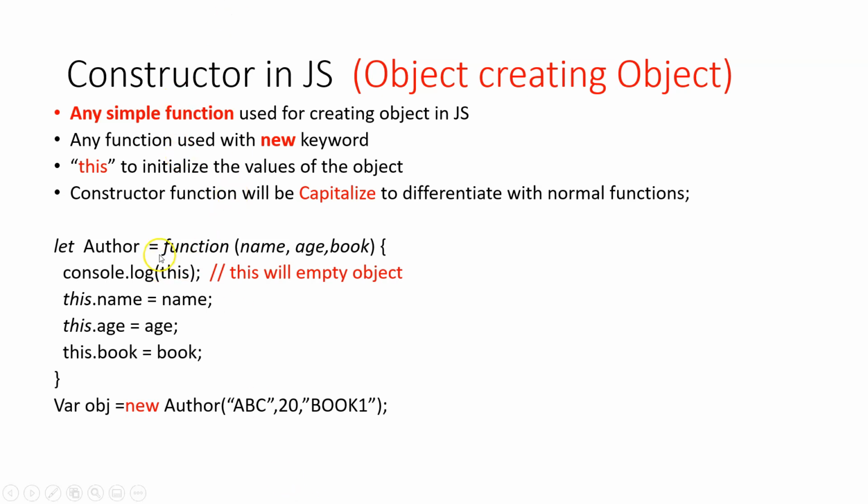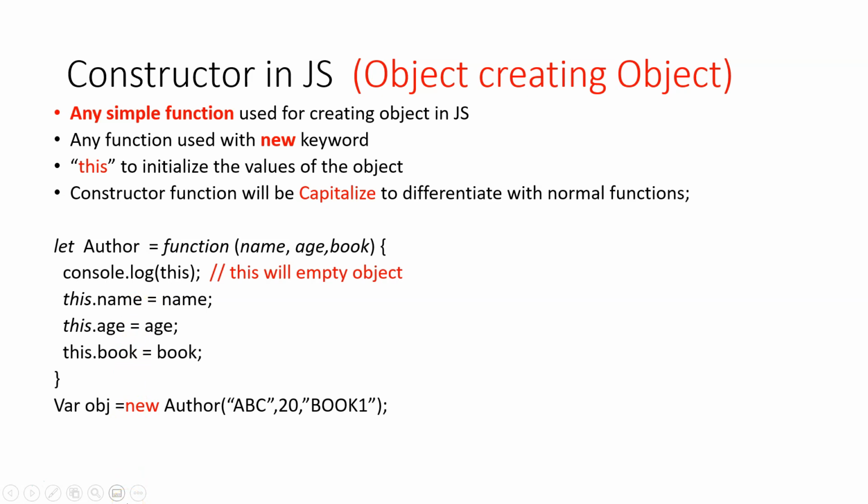This Author is a constructor function, used for initializing the author object. When you call new Author, this will be an empty object, and using this.name I am actually putting the value of name inside that object.